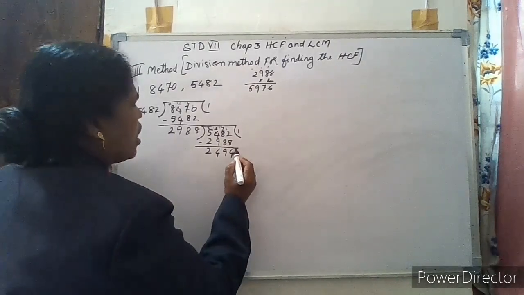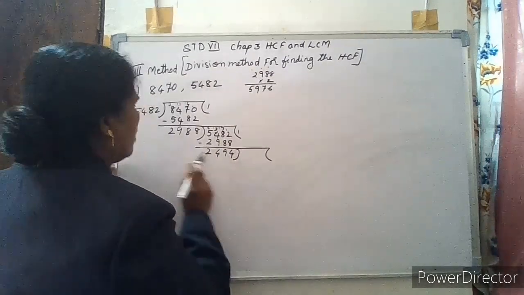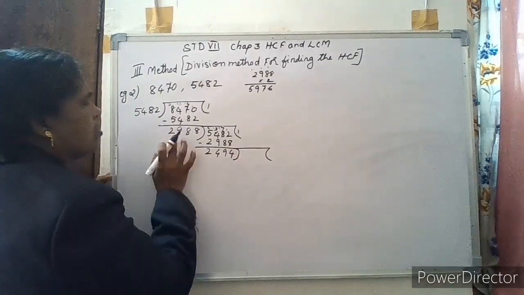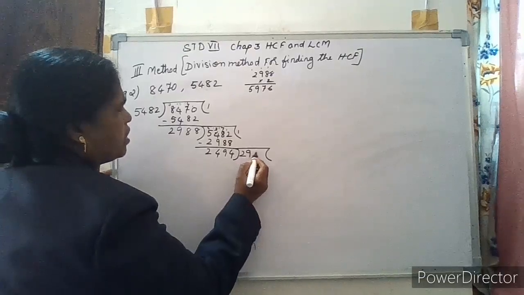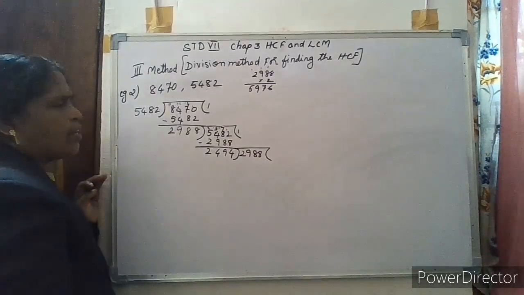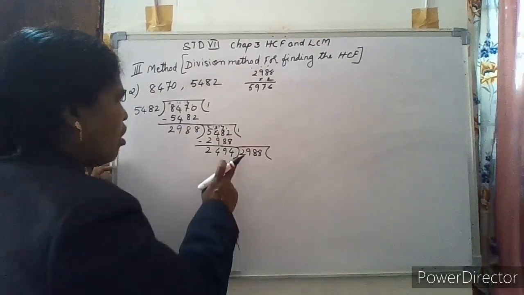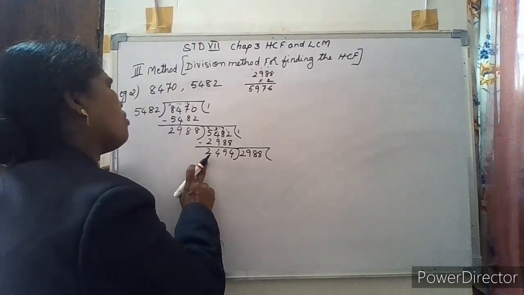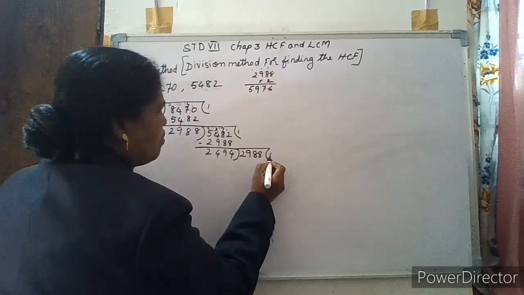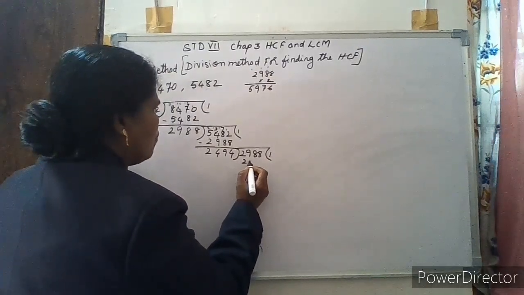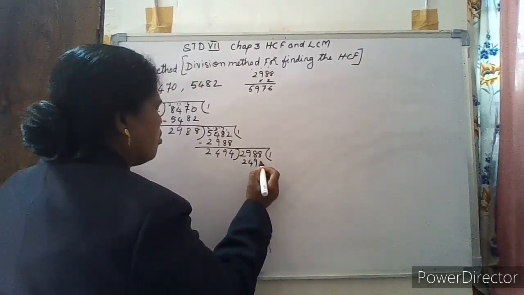Now again this is the divisor and the previous divisor is the dividend. 2,988. Now 2,988, this is 2,494. Very near. So again once it will go. 2,494.